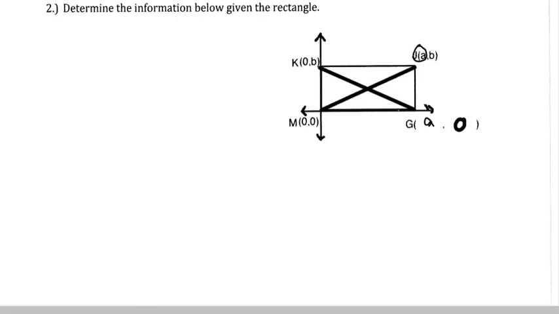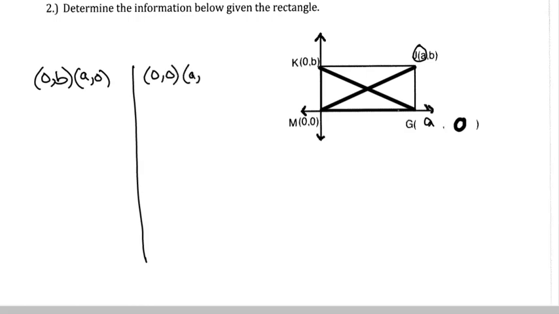Now normally we would have done it in the last section by just using points with numbers. Now we're going to do the same exact process, but instead of points with numbers, we're going to do points with variables.